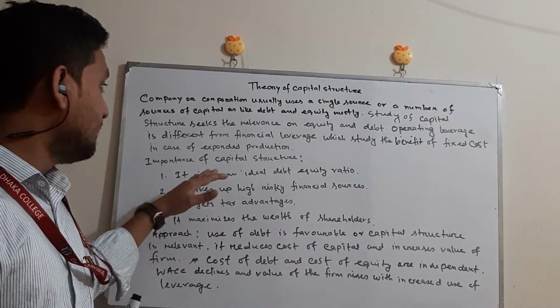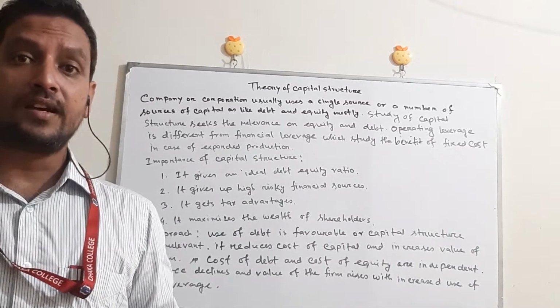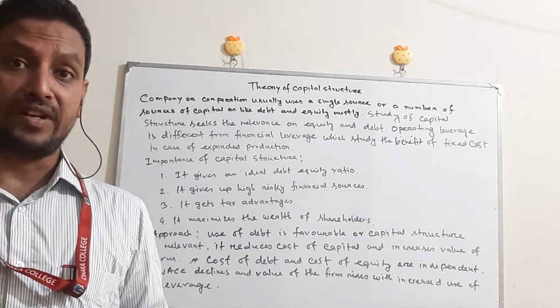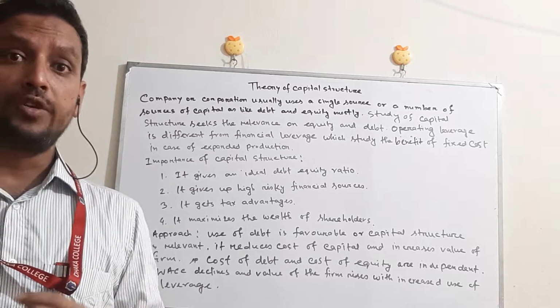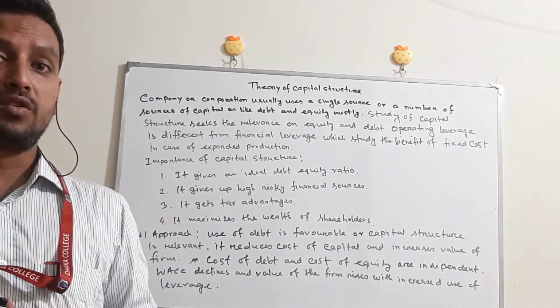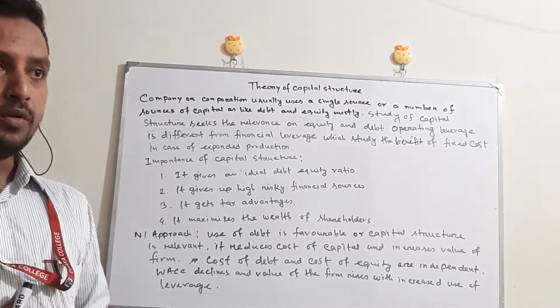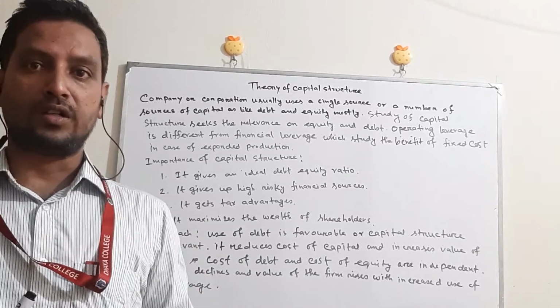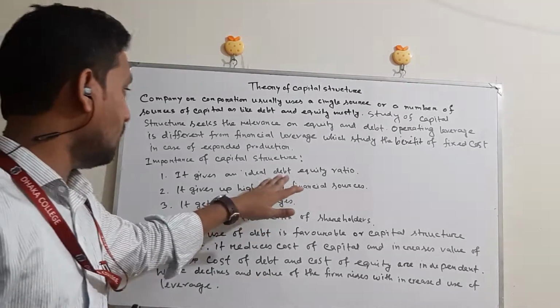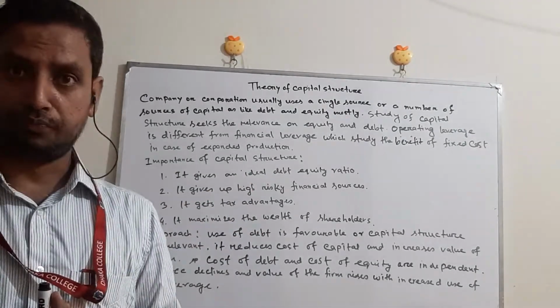So it is important to analyze the elements, how we can use the ratio in the corporation or company. So the debt and equity ratio is important to a corporation.